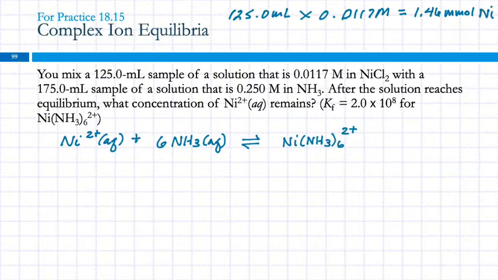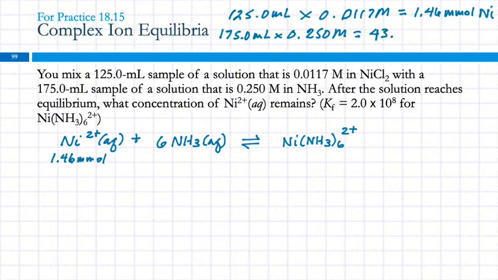And we've got 175 milliliters of the ammonia, which is 0.250 molar. So 175 times 0.25 is 43.75. That seems really big, but I think that's just what it is.